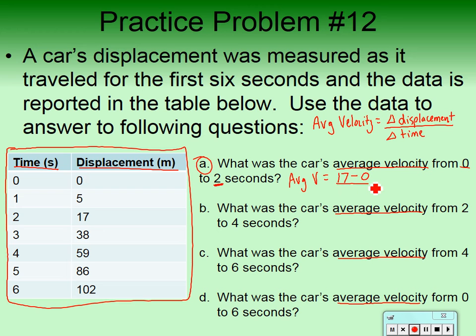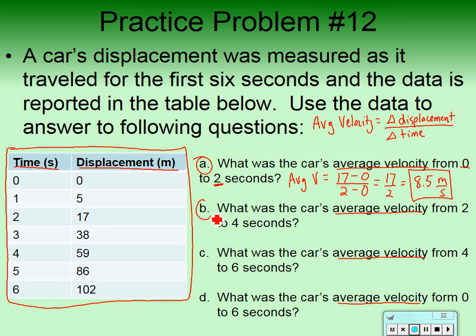Divided by the change in time, so the final time would have been 2 seconds, and the initial time is at time 0. So 17 divided by 2, and that's 8.5. And what are we measuring in? Well, the displacement is measured in meters, the time was in seconds, so this is going to be meters per second. So for the first 2 seconds that the car traveled, its average velocity was 8.5 meters per second.